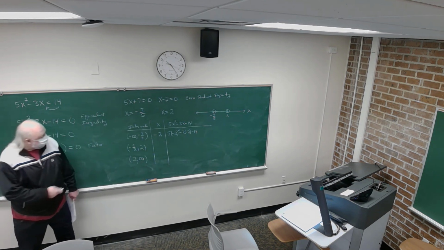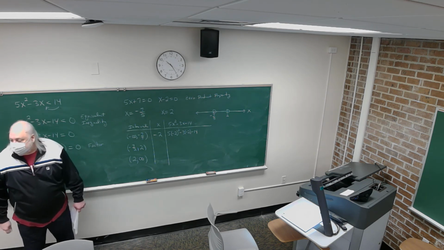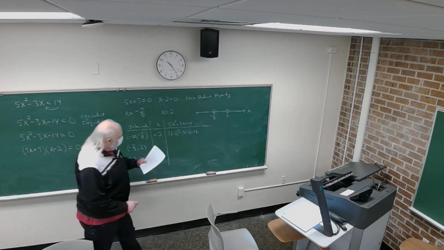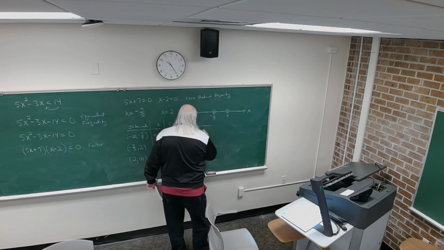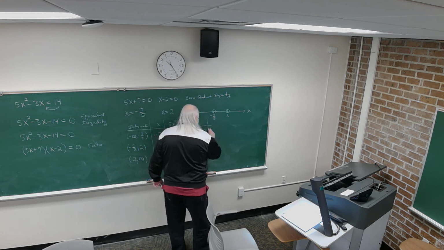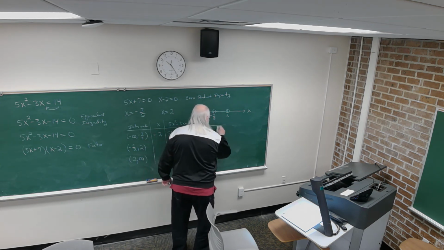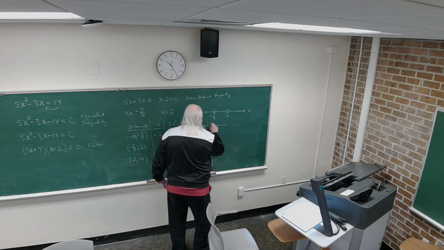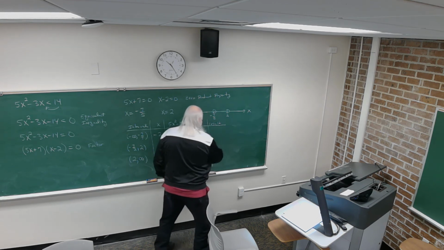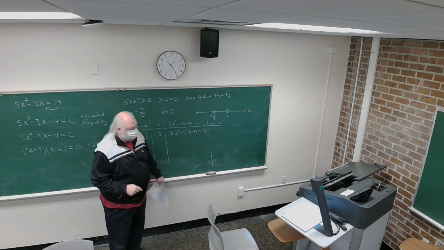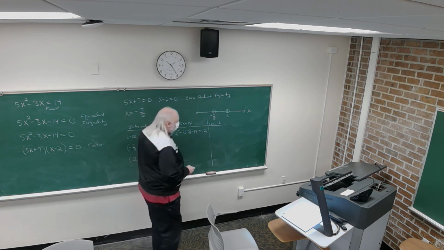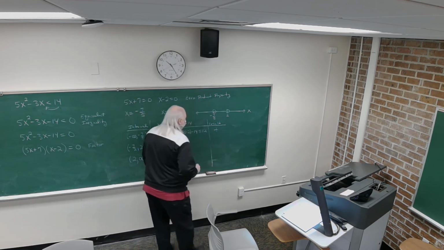And when I do that arithmetic, you should be able to do that arithmetic on an exam, okay? This is equal to 12. Now what's important is not the magnitude of the number. What's important is whether it's positive or negative. And plus 12, right? 12 is a positive number.